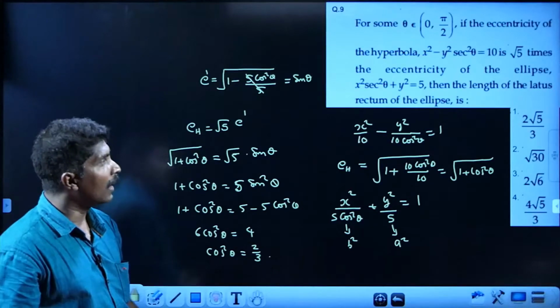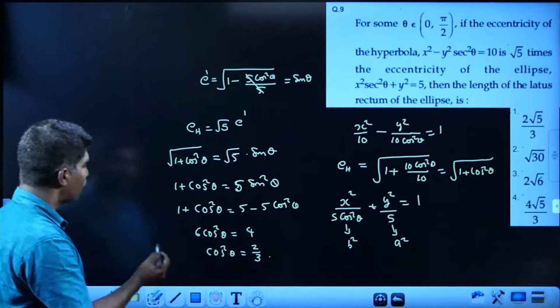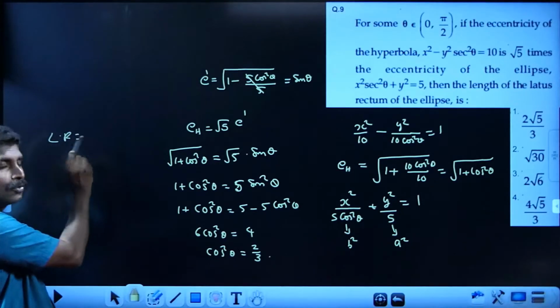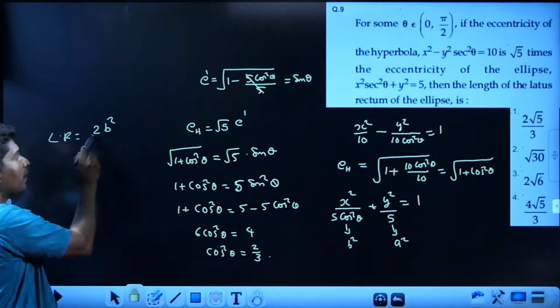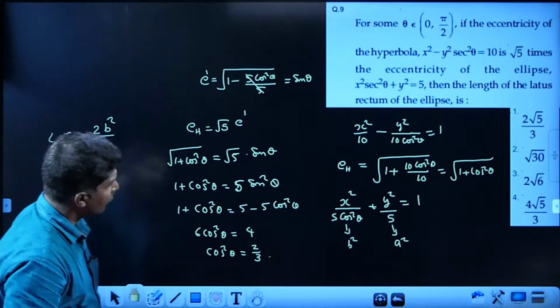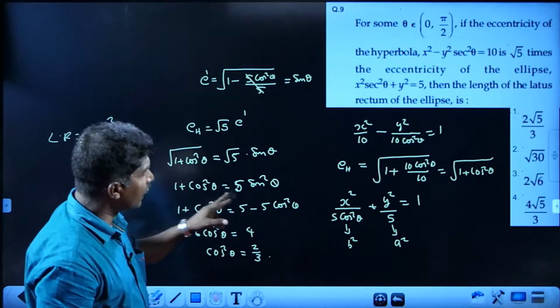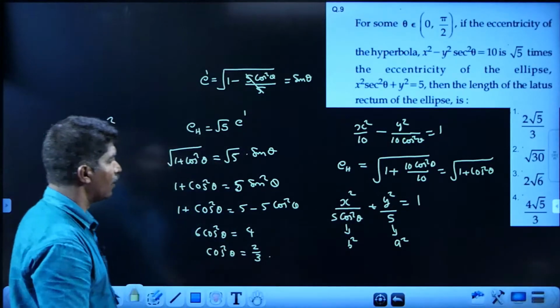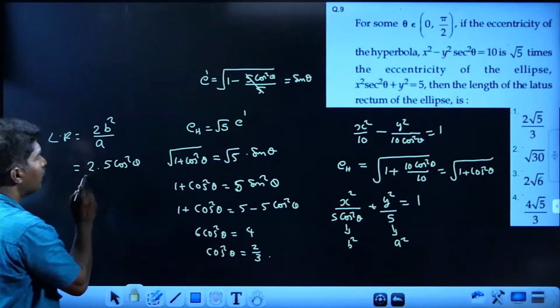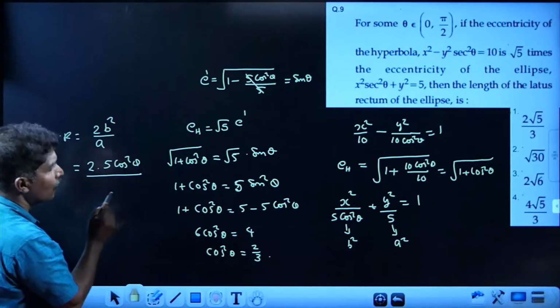Then what you have to calculate? Length of the latus rectum. What is the formula for the length of the latus rectum? Length of the latus rectum is equal to 2b square by a. That is equal to 2 into b square. What is b square? We have written here b square is 5 cos square theta, divided by a. What is a? A is equal to root 5.